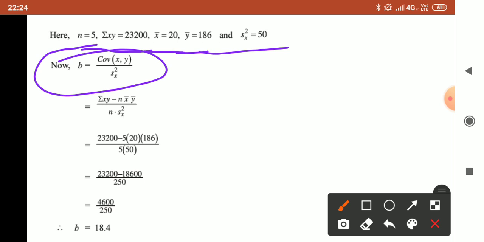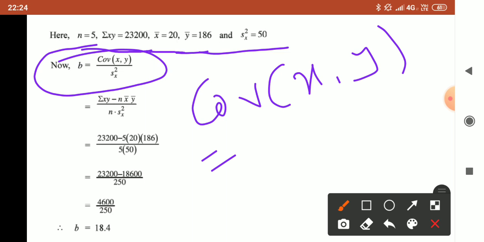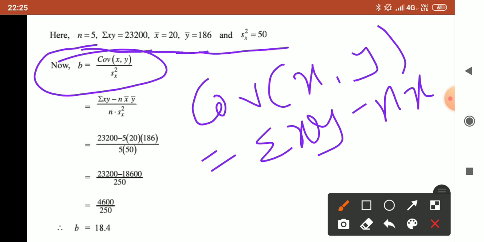Covariance xy is not given. So there is another formula to find covariance xy: covariance xy equals sigma xy minus n x bar y bar, upon n.